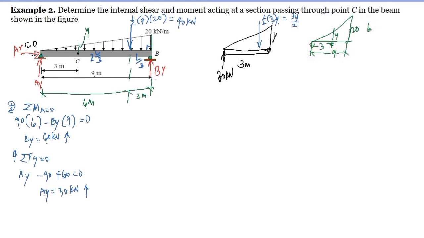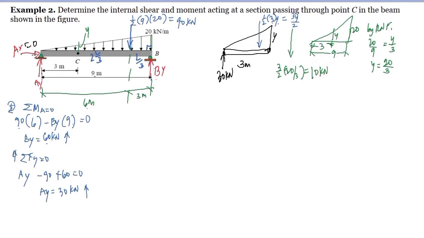By ratio and proportion, we have 20 is to 9, Y is to 3. So Y is equal to 20 over 3. Meaning this load here is 3 over 2 times 20 over 3, cancel the 3, 20 divided by 2 is 10, so this is 10 kilonewton.